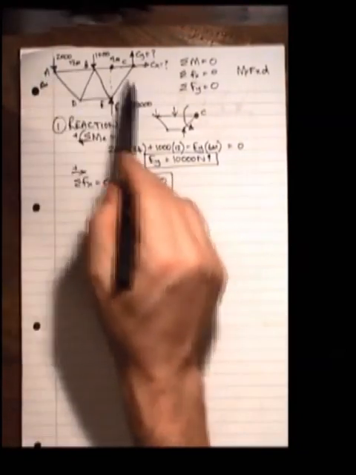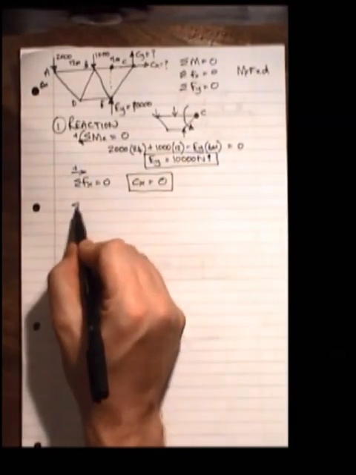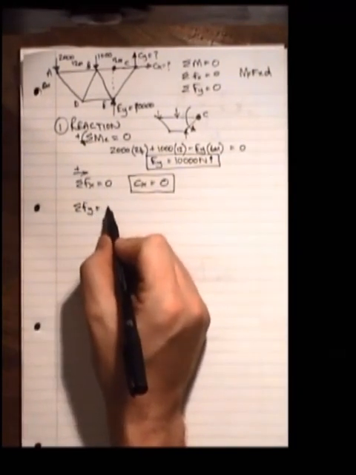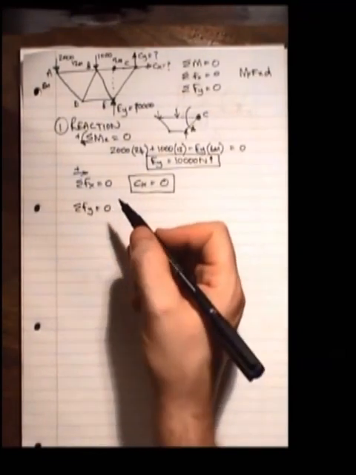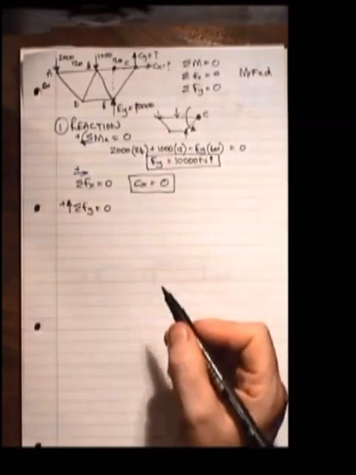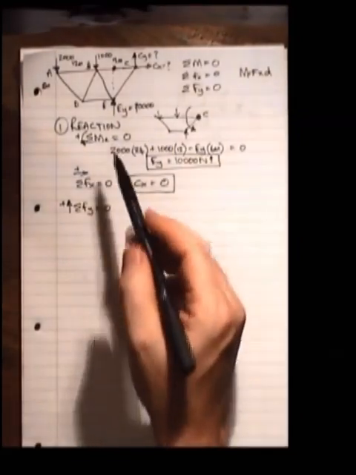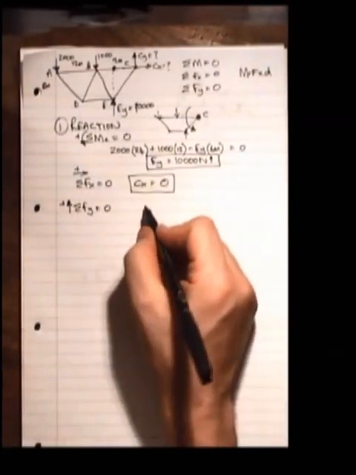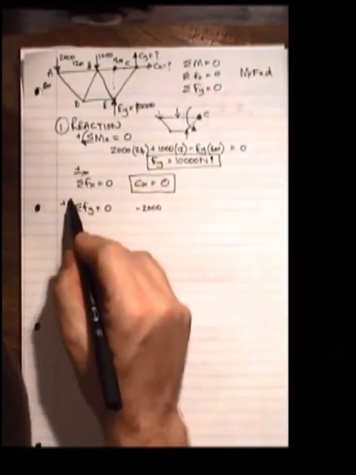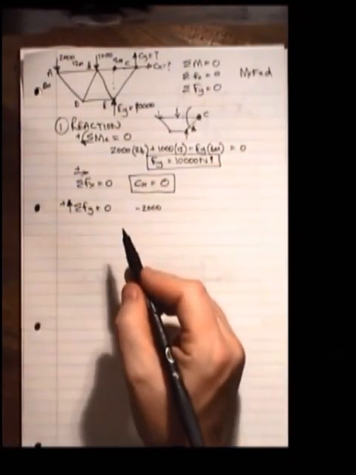And we can look at all of the external forces also in a vertical direction. And I'll say that everything going up is positive. So taking each of the forces, we've got 2000 coming down, so that'll be minus 2000 because all the positive ones are going upwards.